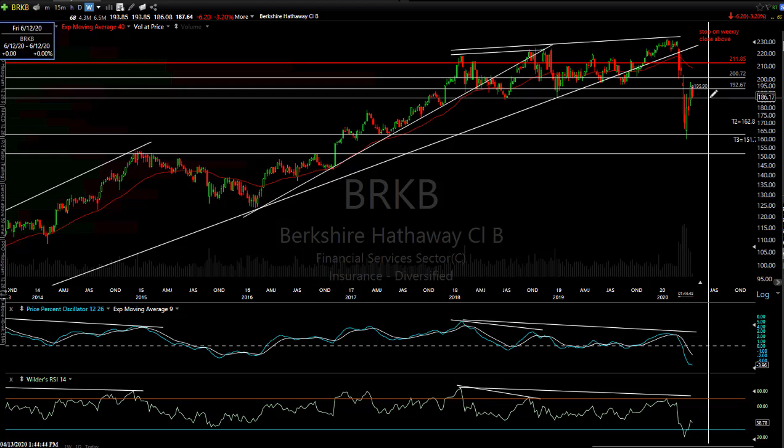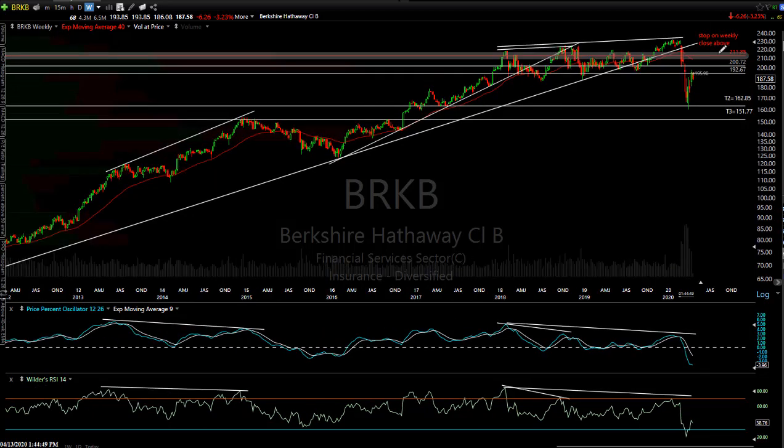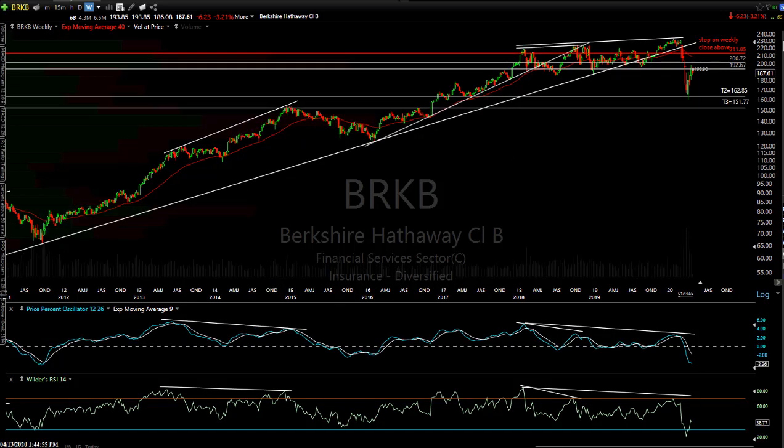If you're considering taking profits here, then you should have had a much tighter stop than the suggested close. This one, remember, I'm looking long term on this one. I'm basing it off the weekly chart. I know sometimes I fail to mention which time frame we're talking about. It's always up here in the upper left hand corner of my charts. This is BRKB, that's Class B shares, weekly chart, and that's what I think happens there.